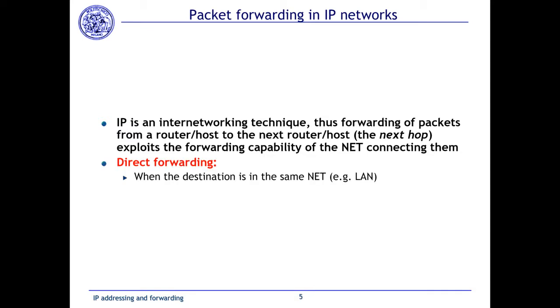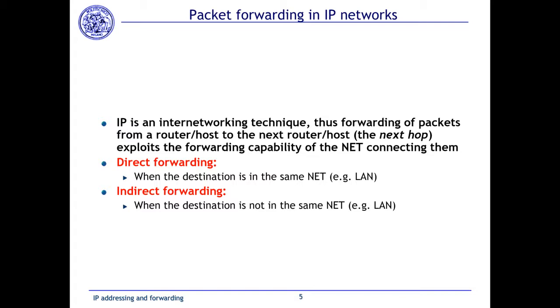So we can distinguish two different forwarding situations. The direct forwarding is when the destination is in the same network, in the same IP net, usually the same LAN, of the source.